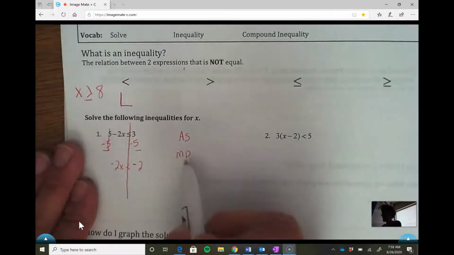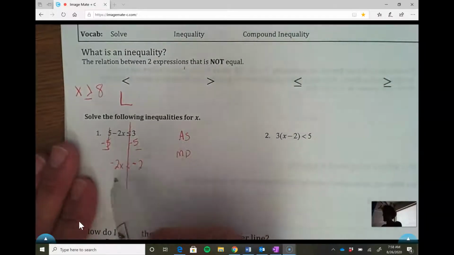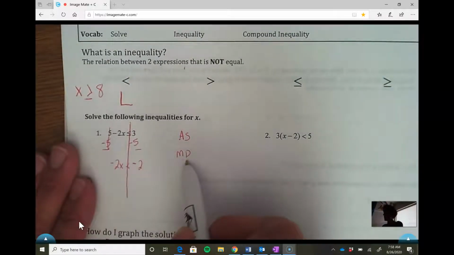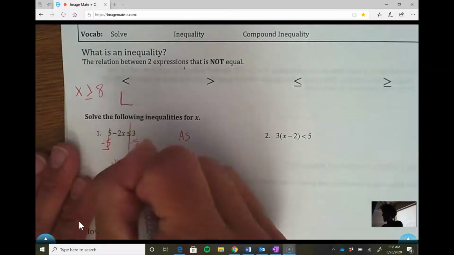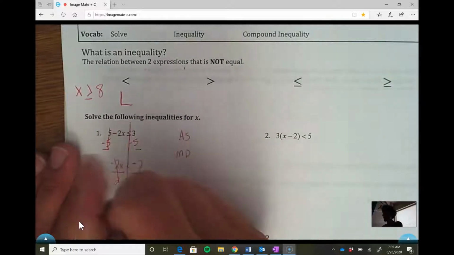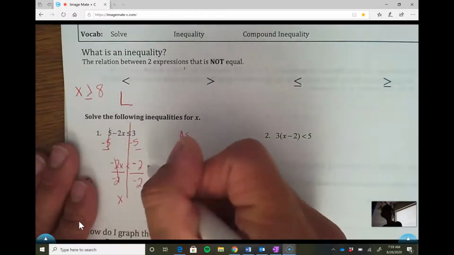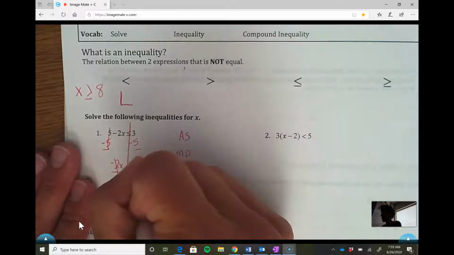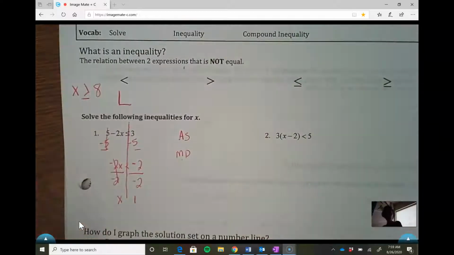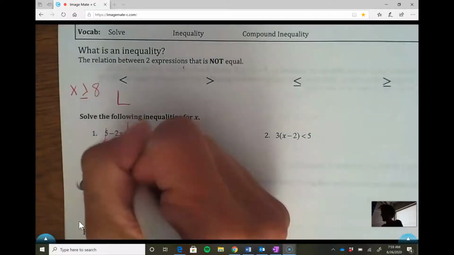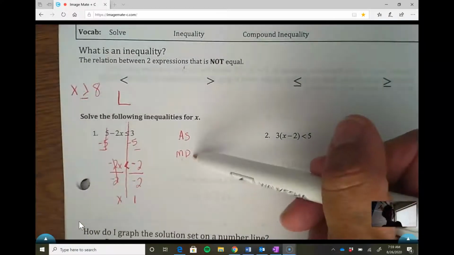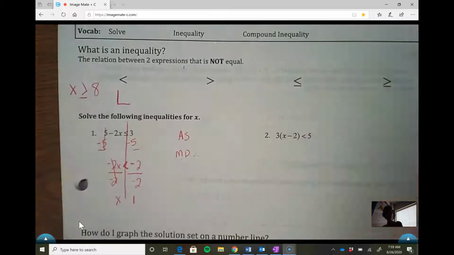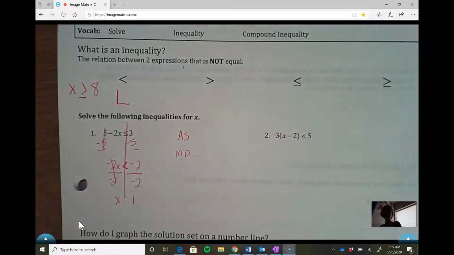And then I'm going to undo my multiplication and division. The negative 2 is multiplied, so I'm going to undo it with division. Those cancel out. Come over here, and those cancel out. So the x is now isolated. Negative 2 divided by negative 2 is 1. And hopefully you remember from middle school that in an inequality, if you multiply or divide by a negative number, you have to switch the inequality sign around.